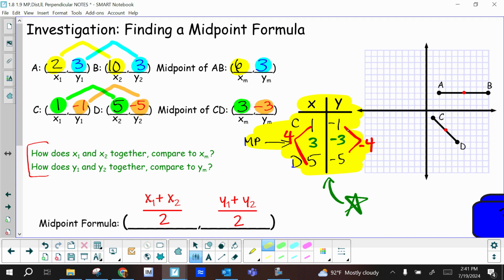Look at the distances and compare them. From 1 to 3 is 2, from 3 to 5 is 2, so it's the same because 3 is exactly in the middle. Same thing here: from negative 1 to negative 3, it went down 2, so this needs to go down 2 again.